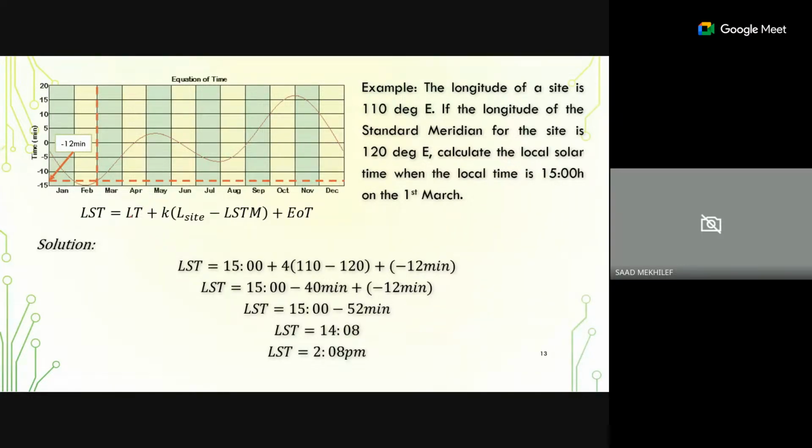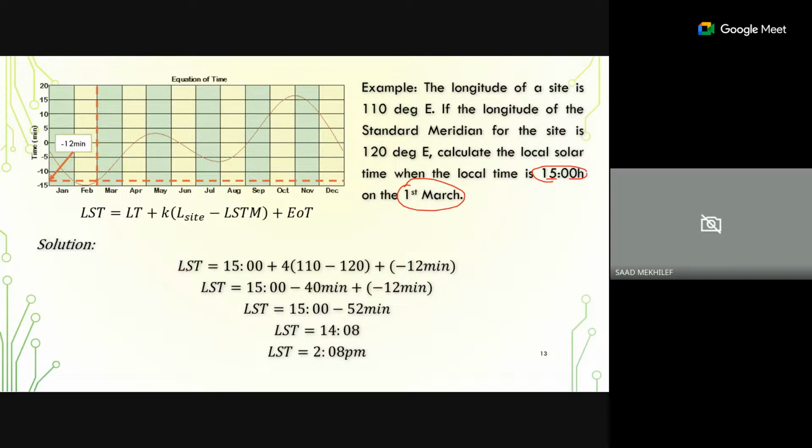For example, we have the LST for a certain location. We have the longitude of the site, which is 110 degrees east, and the standard meridian is around 120 degrees. Calculate the local solar time when the local time is 3 p.m. on the 1st of March. You see, 3 p.m. on the 1st of March, a specific date.